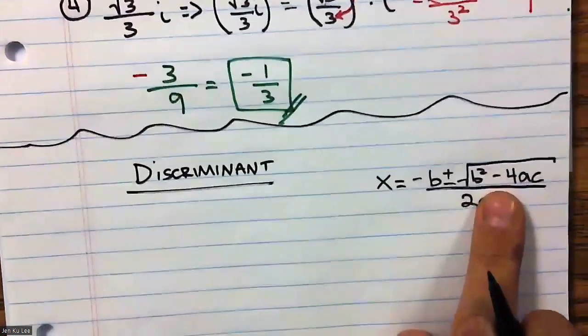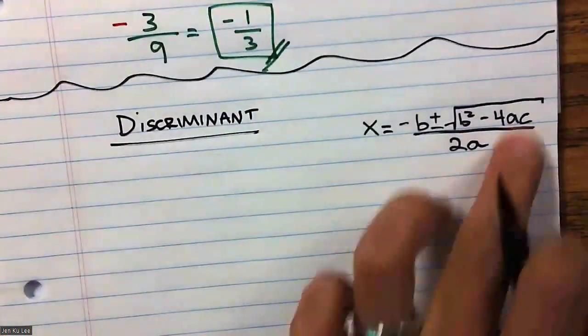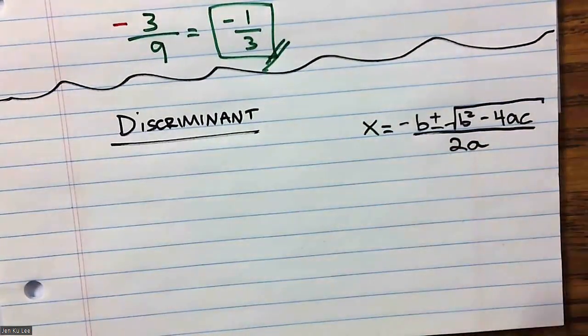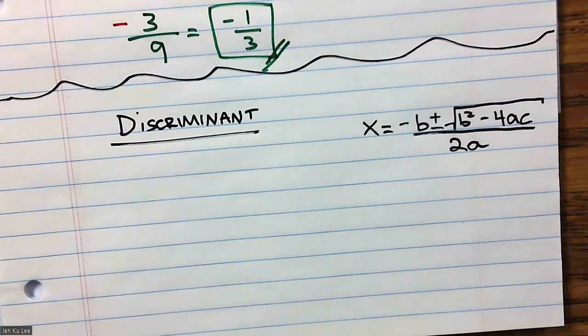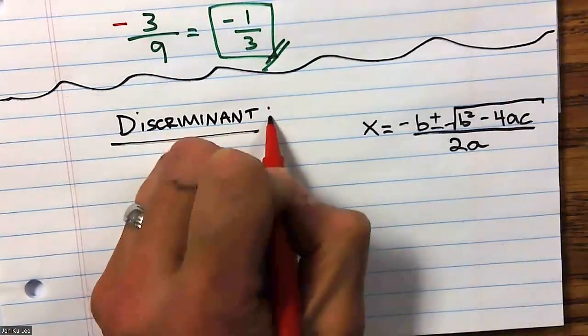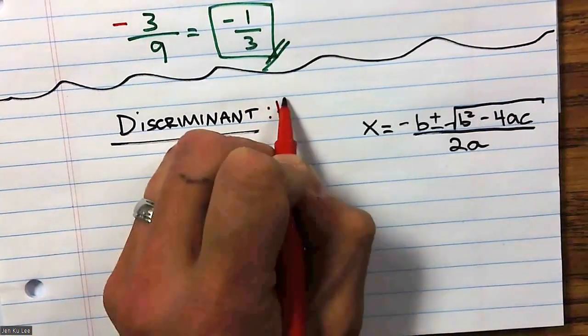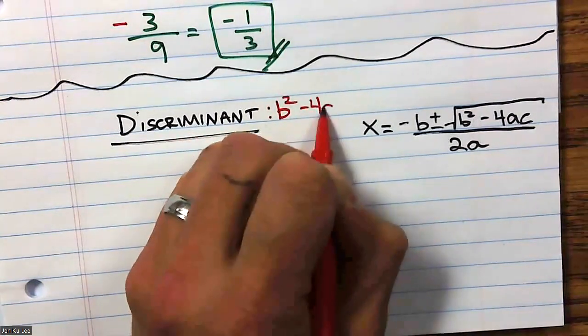That's my quadratic formula, correct? The discriminant is a part of this, and it tells me what type of solutions I have. It's b squared minus 4ac.